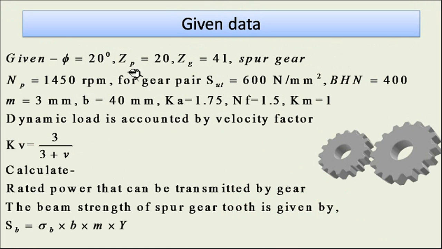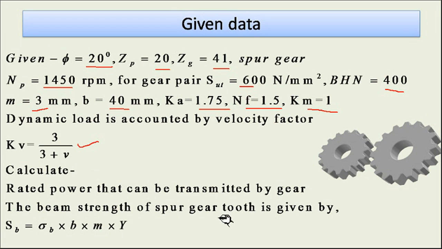So see here, the given data is specified like this: number of teeth on pinion, number of teeth on gear, pinion RPM that is NP, SUT is 600, BHN 400, module 3 mm, face width 40 mm, and Ka value 1.75, application factor, factor of safety 1.5, Km is 1. So this you are going to utilize to account for dynamic load, that is velocity factor 3.3 plus V.